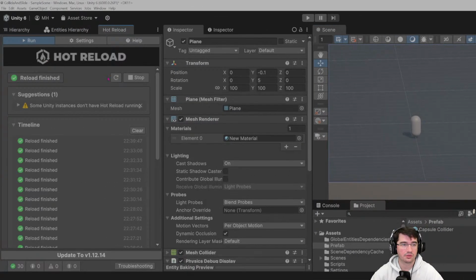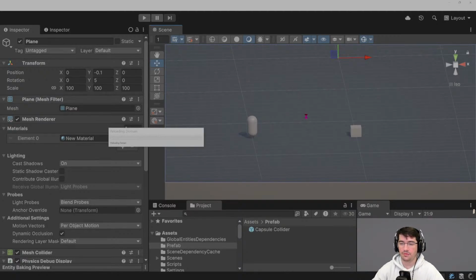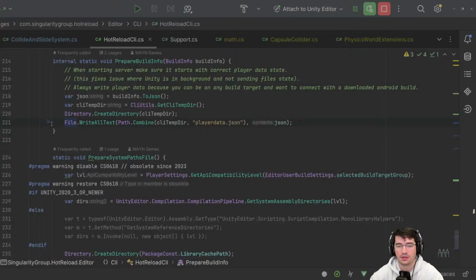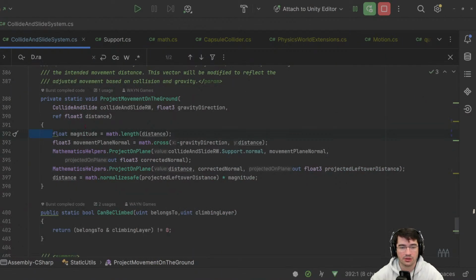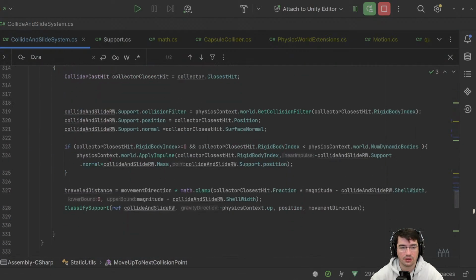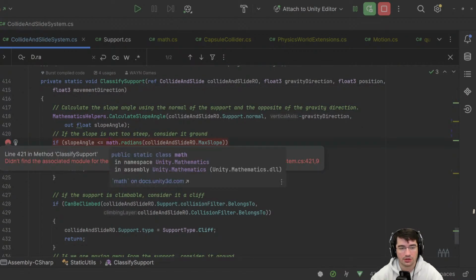Okay, waiting for the recompilation. Okay, and now I want to be able to do a check when I'm doing the classification. Don't find any.